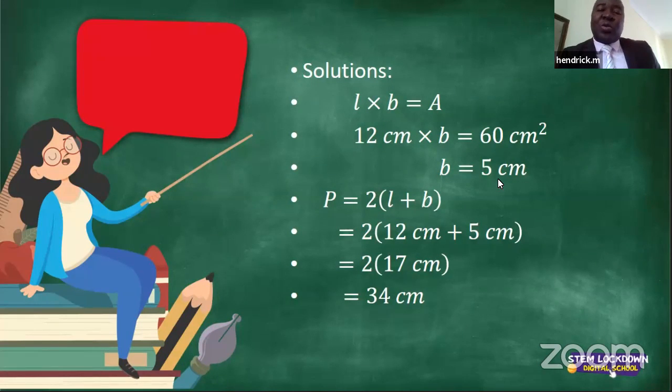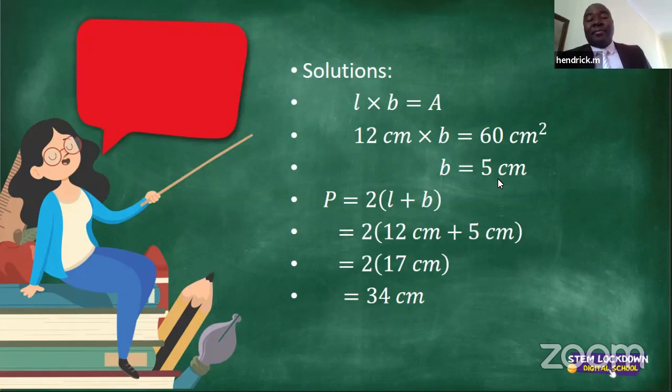Remember that in mathematics, we always say, whatever you do in the left-hand side must be done in the right-hand side so that you can balance your equation. The equal side must be balanced. So you divide both sides by 12. And of course, if you divide 60 by 12, you get 5 centimeters. Therefore, the breadth, as we know, is 5 centimeters.